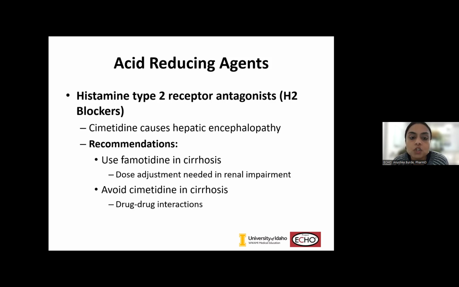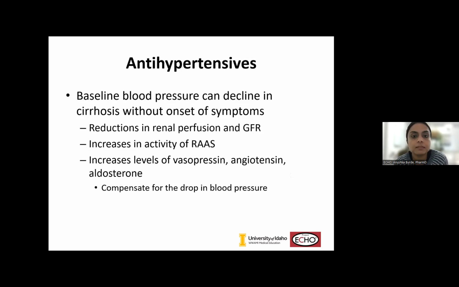So in terms of H2 blockers, I think it's okay to use famotidine. You may also want to think about dose adjustments in patients who also have kidney issues. And then I would just probably avoid cimetidine in patients with cirrhosis. Also think about drug-drug interactions in patients who may not have liver disease.